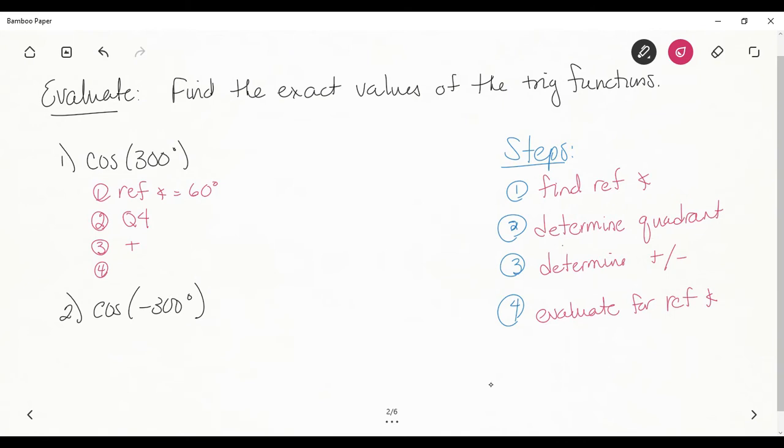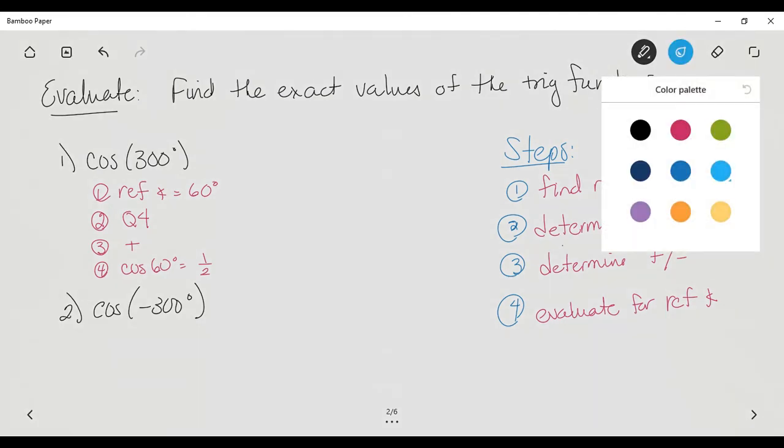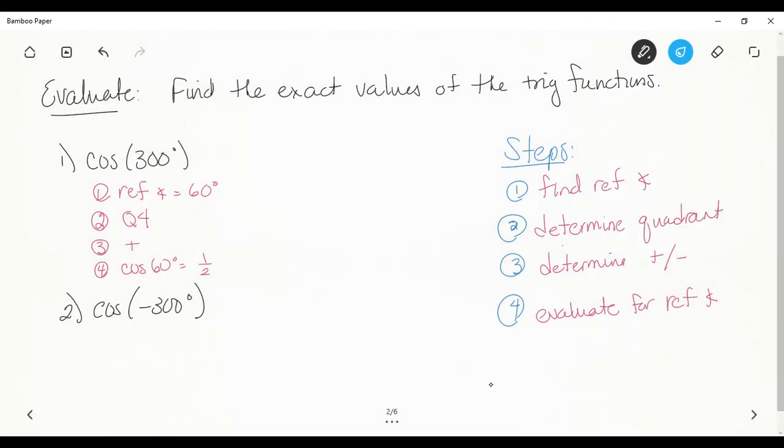So in step 4, we are looking for the cosine of 60 degrees. Everybody should know, based on quadrant 1, that that is equal to a half. So our answer becomes cosine 300 degrees is equal to 1/2. Let's write that over here.